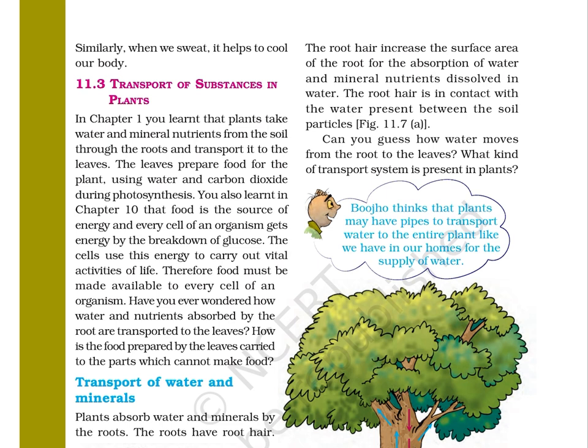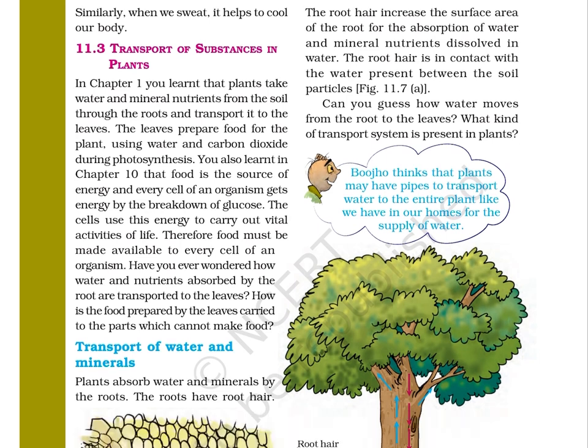You also learned in Chapter 10 that food is the source of energy and every cell of an organism gets energy by the breakdown of glucose. The cells use this energy to carry out vital activities of life. Therefore, food must be available to every cell of an organism.